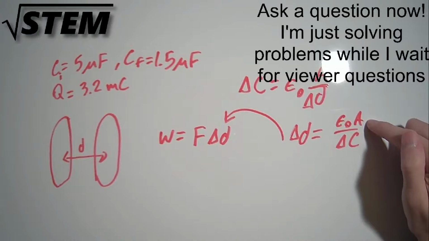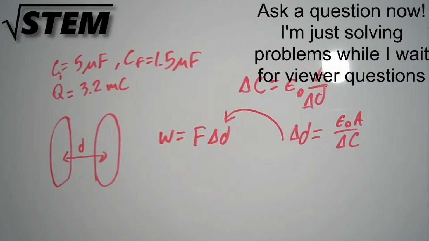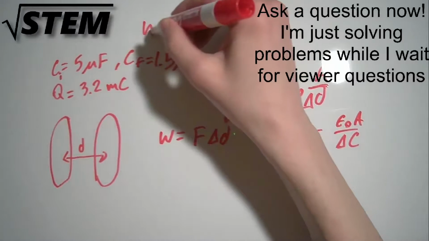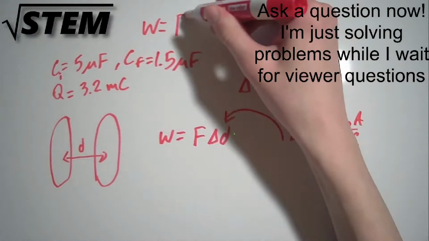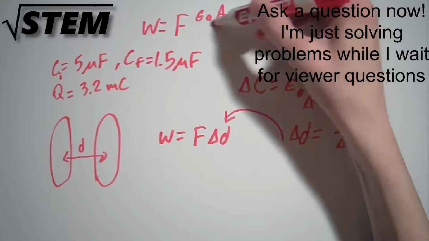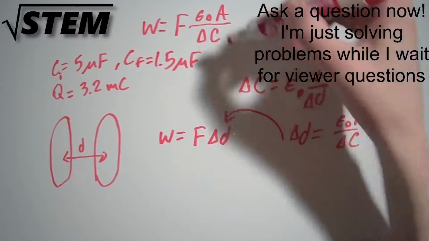Also, what are we going to do about this area term? Let's go ahead and rewrite this up at the top and then give ourselves more space to work. So F times epsilon naught A over delta C.